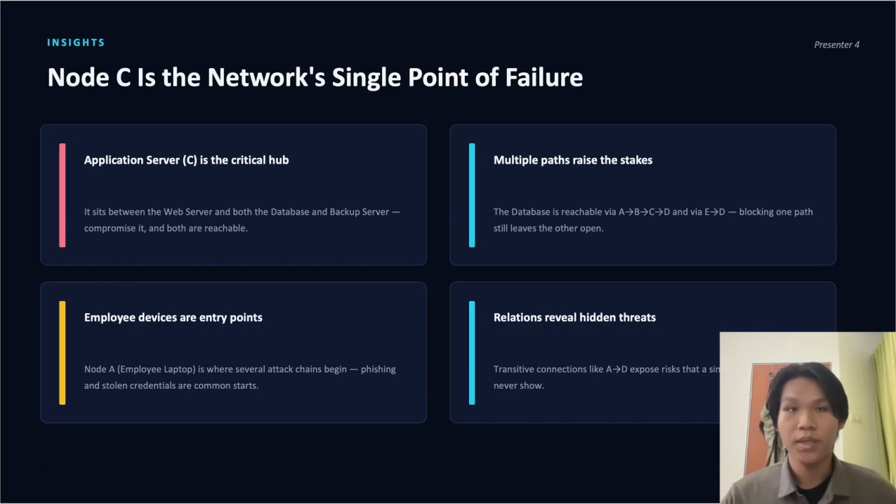This gave us 2 big insights. The application server is one of our most critical nodes, since compromising it opens access to both the database and backup server. And because the database is reachable through 2 separate routes, blocking one path just isn't enough. The whole network needs to be secure, not just one connection.